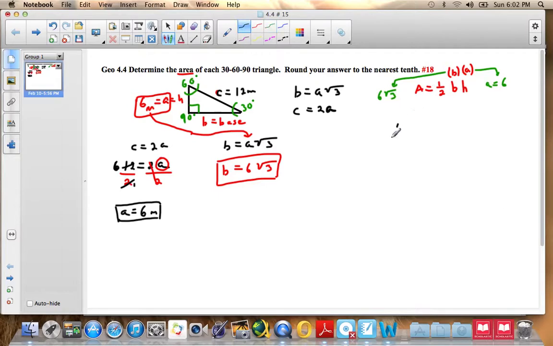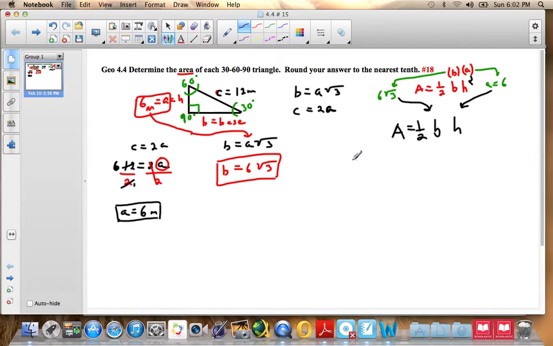So I'm going to take A equals 1/2 B times H. Well, we said that A represents H. So I'm going to put my A right here, and my B, it represents the B right here, so I'm going to put it right here.